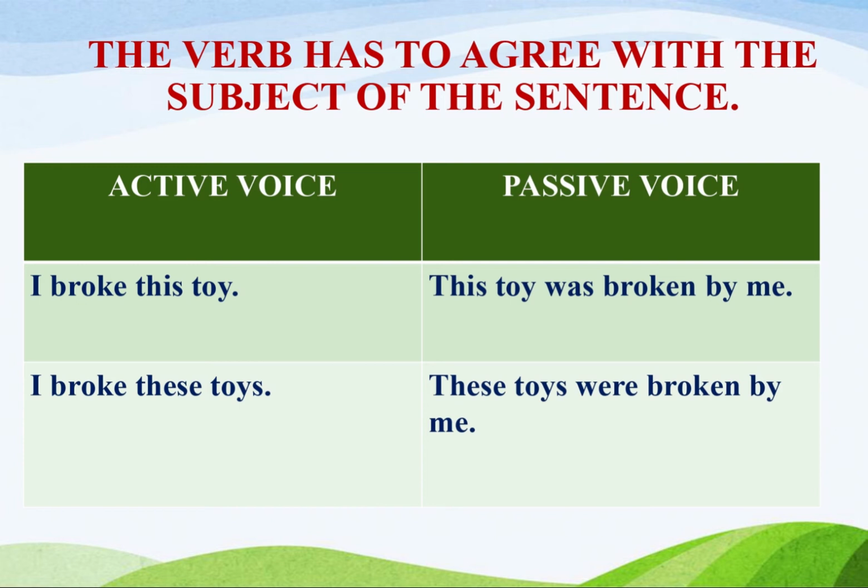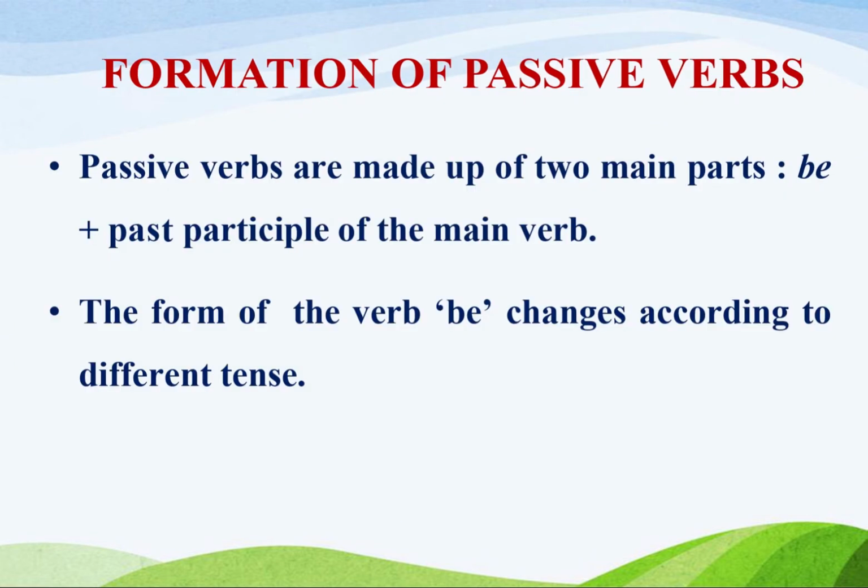Another example: I broke these toys. Now, since these toys are a plural subject, the verb has to be a plural one. Its passive form will be, these toys were broken by me.